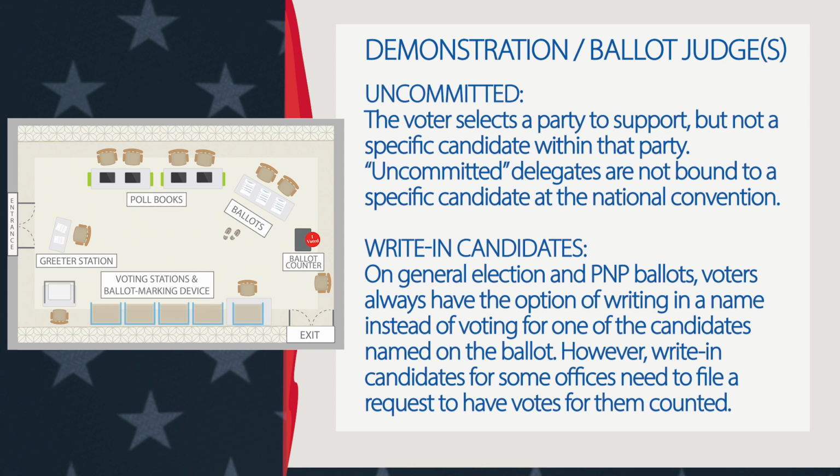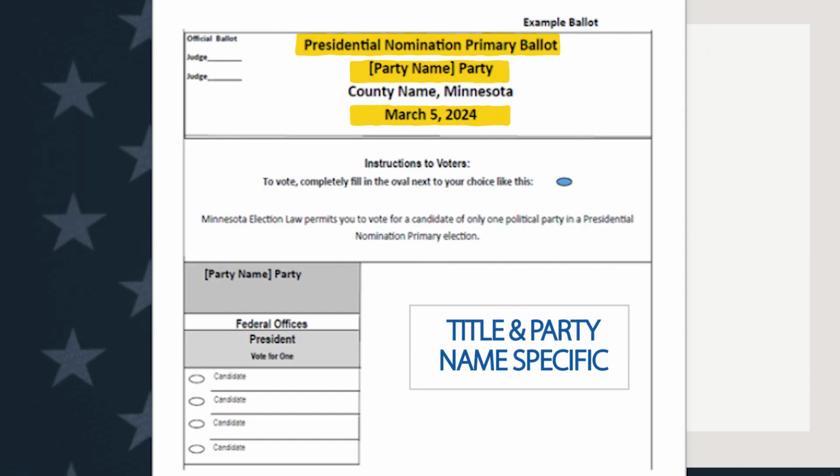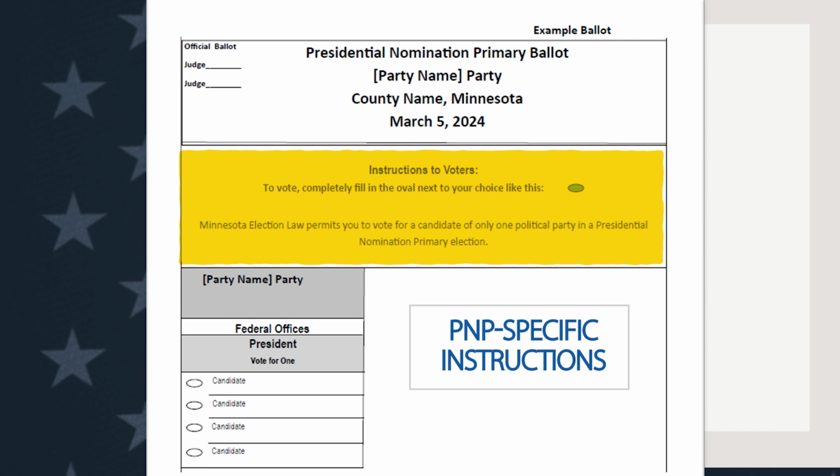We're now going to show some images of an example ballot to illustrate some of the important differences of a PNP ballot. Title and party name specific ballots, and the ballot is only one-sided. PNP specific instructions to voters.